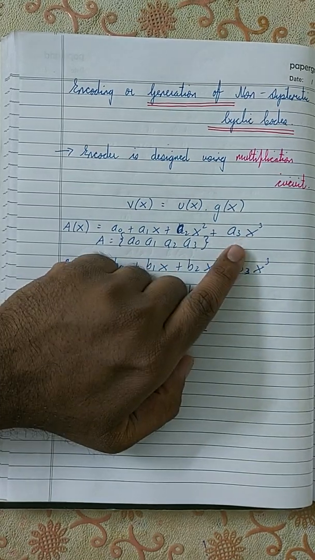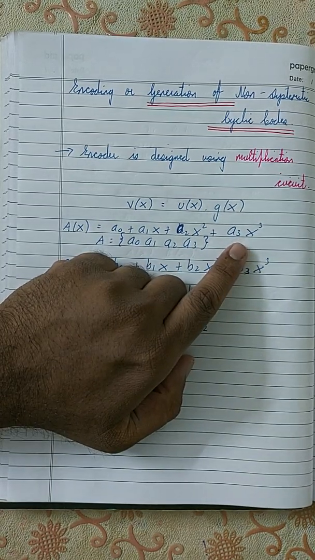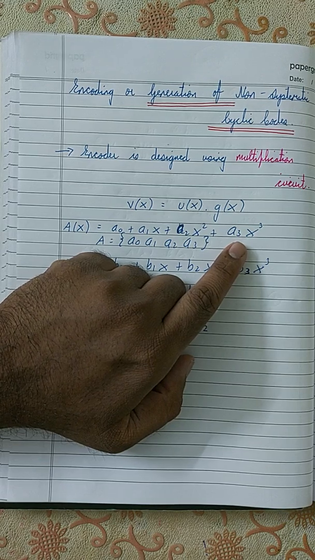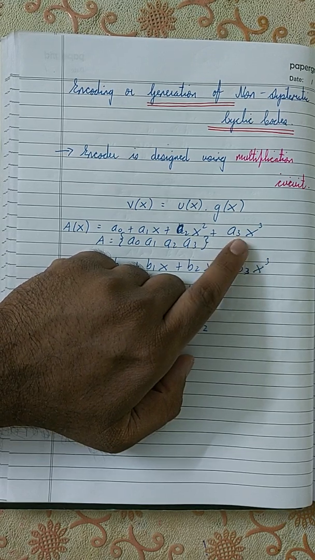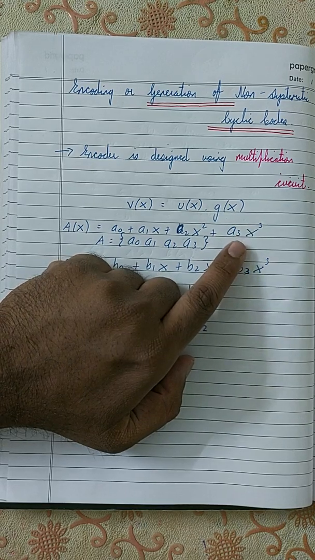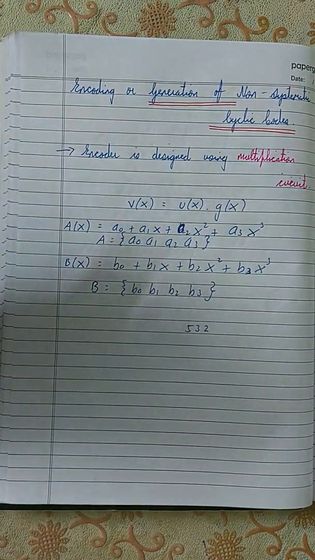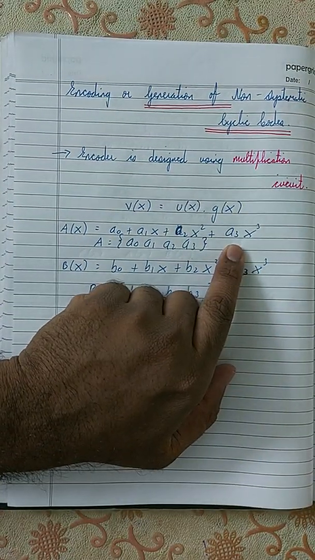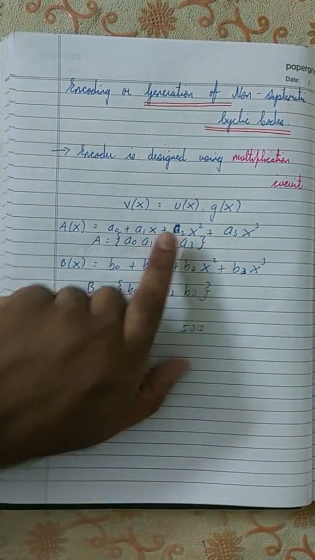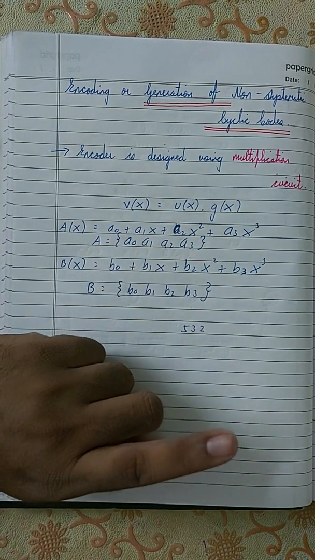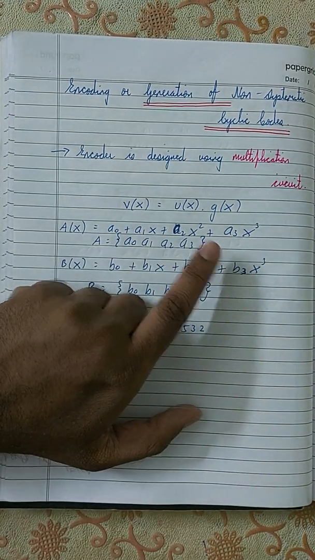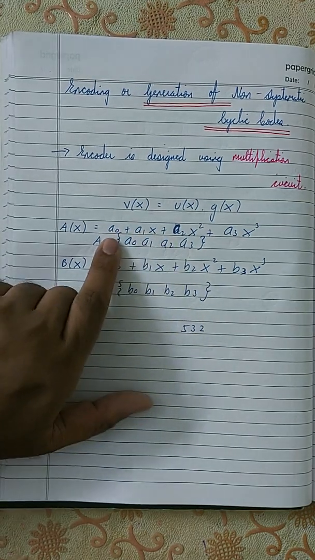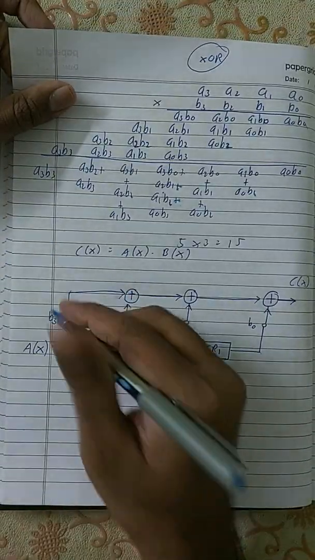Always you will insert the highest order coefficient first, and then correspondingly go for the next and the next. So the first value you are going to insert is A3, then you will transmit A2, then A1, and then A0.